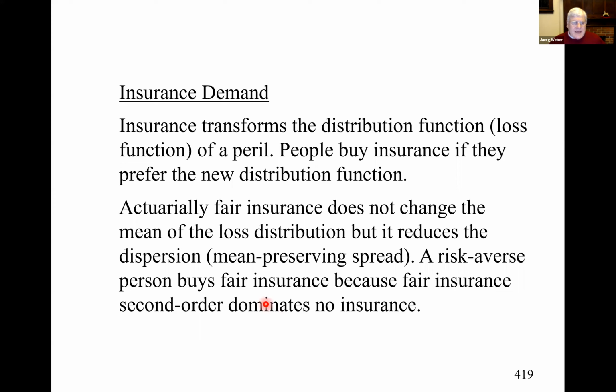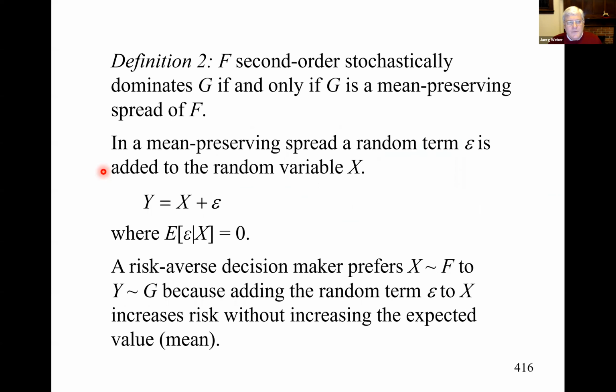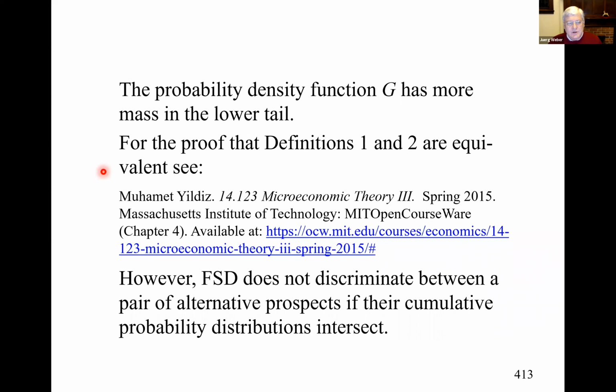I made an argument like this when we discussed weather index insurance. Maybe you look that up again. There I used the concept of second order stochastic dominance. You may go back to that one. That's really all I have to say on stochastic dominance.